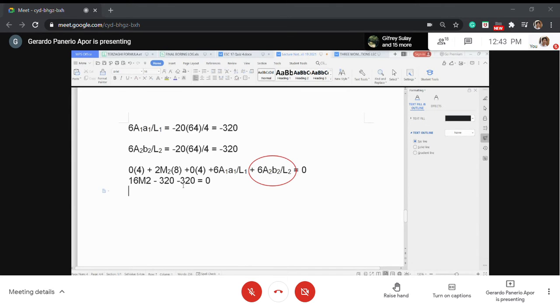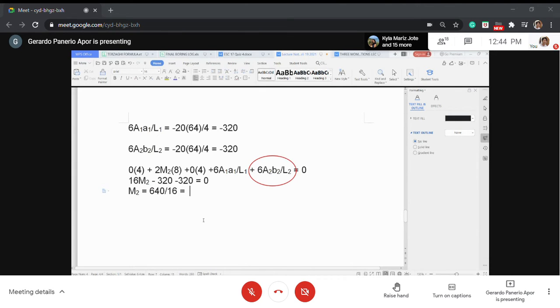So if you want to determine M2, it becomes positive on the other side, 640 divided by 16.